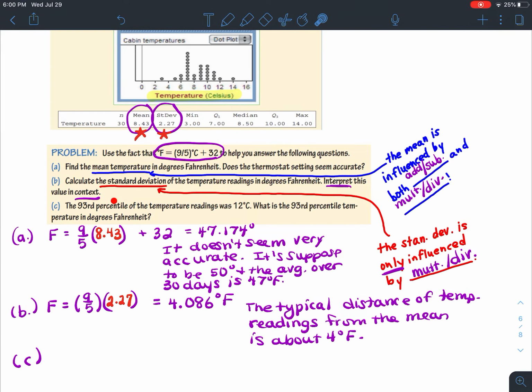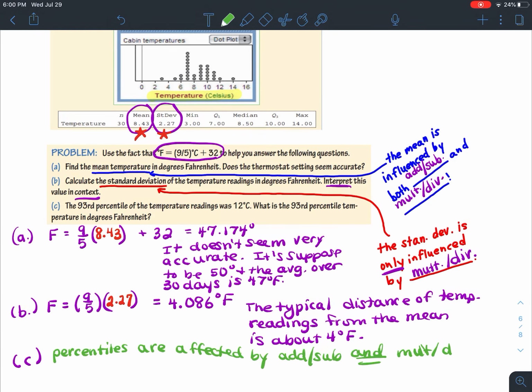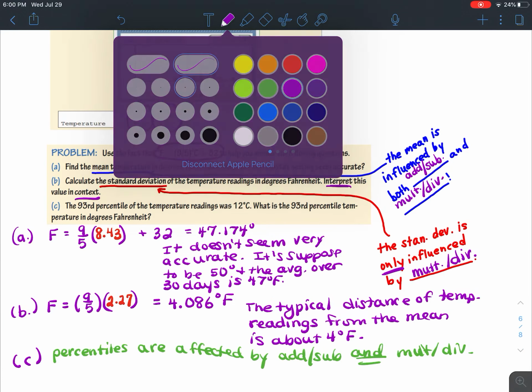You just have to ask yourself, what is a percentile? Well, a percentile is a measure of location. And what we know is all measures of center and all measures of location, including percentiles, are affected by addition and subtraction and multiplication and division.